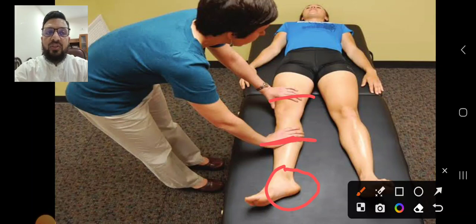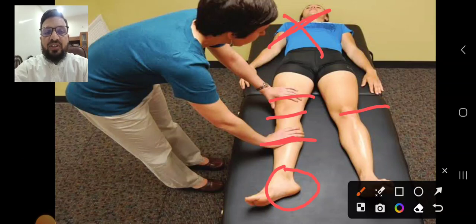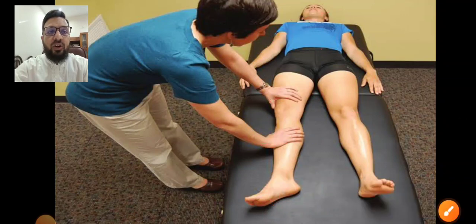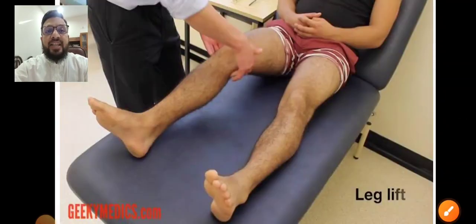It's a very simple test, and you will perform it on the right side as well as on the left side. You will just roll the leg on the couch and see, not towards the face of the patient, but towards the heel of the patient, whether it is getting off the bed or not. Then you have to perform the leg lift test.